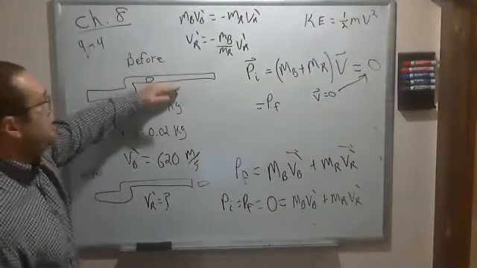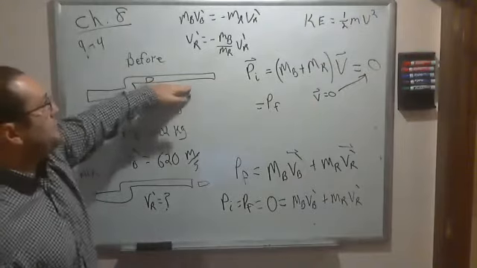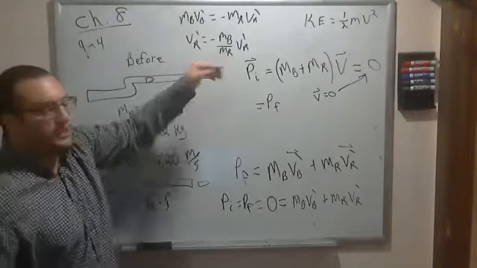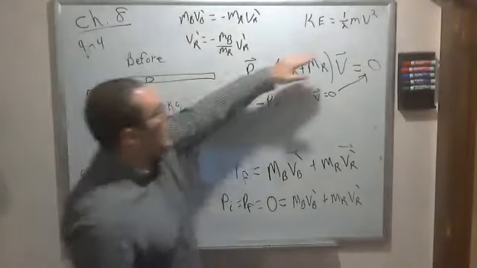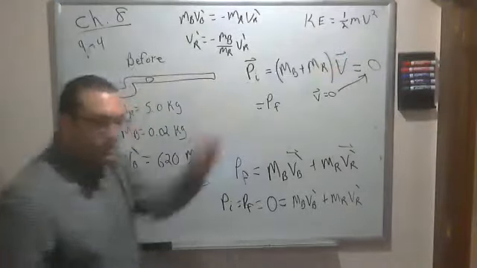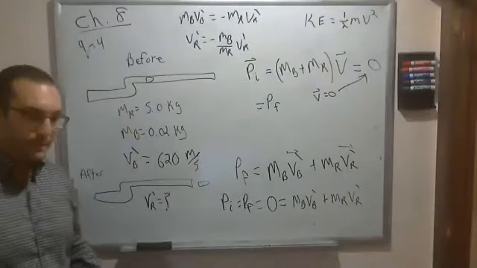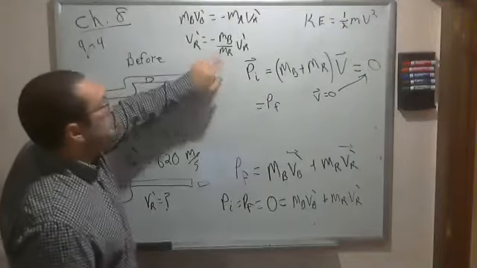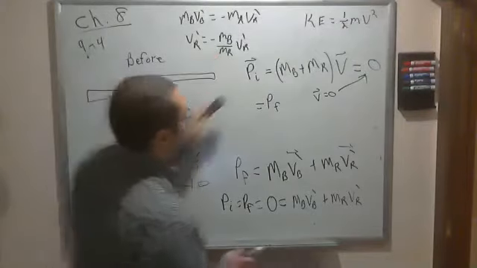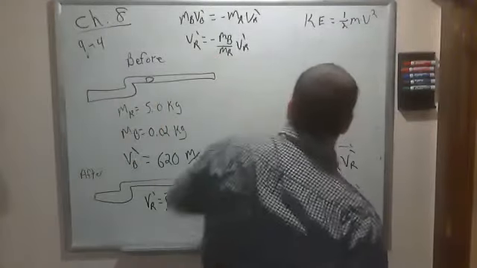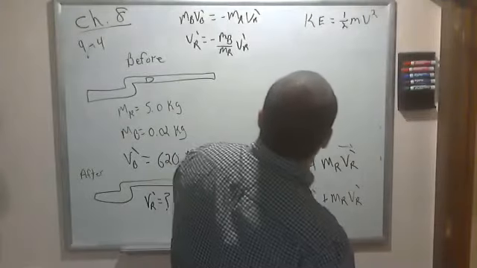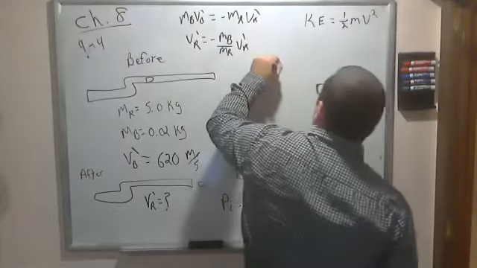If we increase the mass of the rifle, we're decreasing the velocity proportionally, but what's happening to the kinetic energy of that rifle? Let's say we compare two situations. Let's look at the kinetic energy.